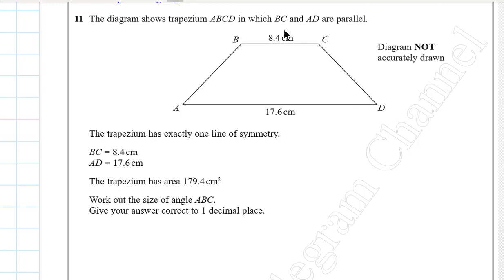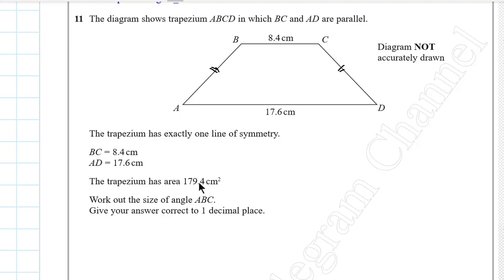The trapezium has one axis of symmetry, which means that these two legs are equal in length, right? And if we make a height here and a height here, these two parts also will be equal.